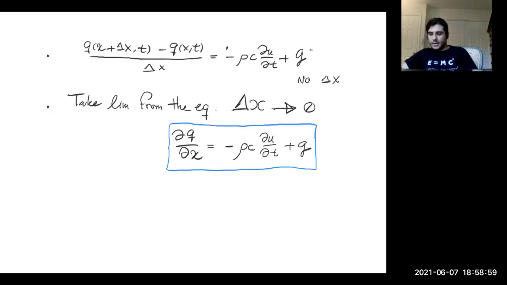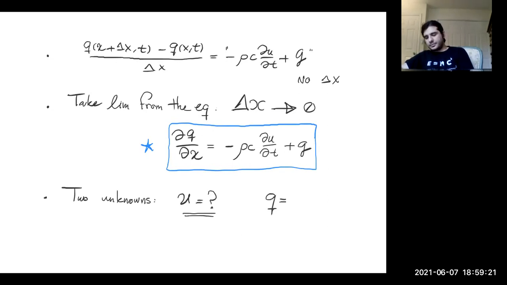Let's call this equation star. The point here is that this is an interesting equation. However, here we have two unknowns. One is the function u. We don't know what u is. The other one is the function q. We don't know what q is either.